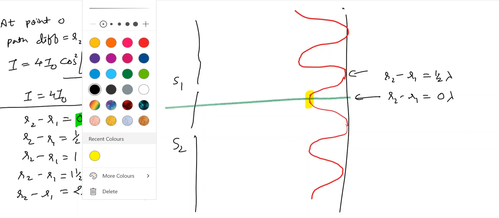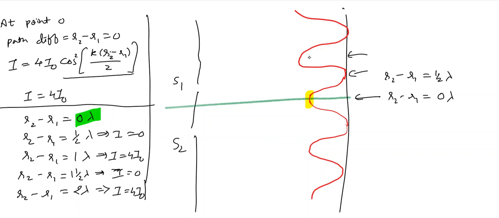What must be the case here, where intensity is maximum? As it is the first maximum after 0, the path difference has to be 1 lambda, and then 1.5 lambda, and so on.